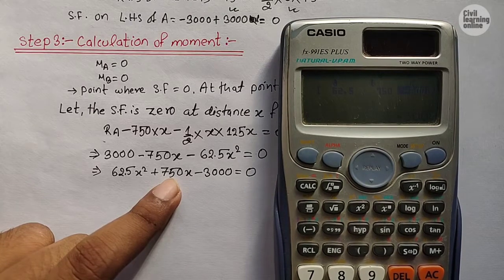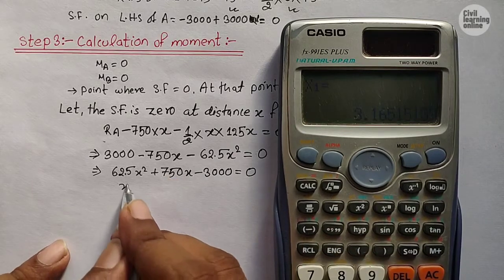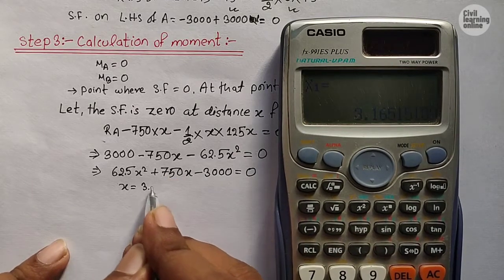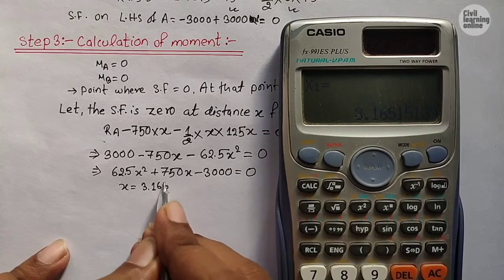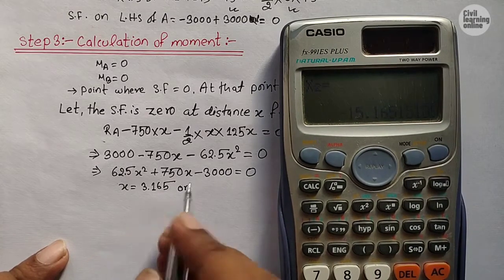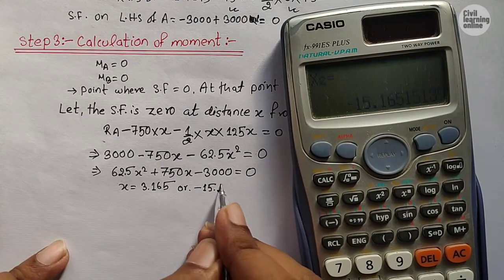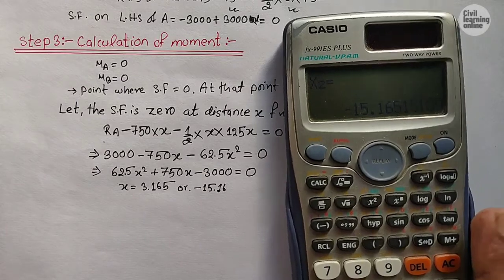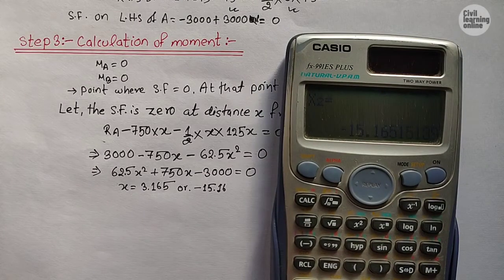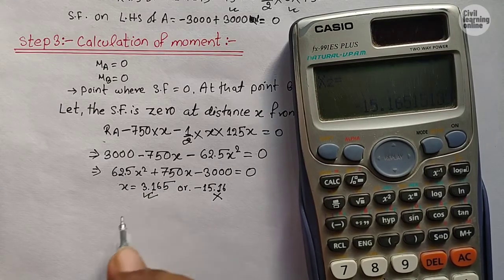Press equals again, and the value which we get is x equals 3.165, or a negative value, minus 15.16. We all know that distance cannot be negative, and here x is our distance, so this value is neglected and we will move with x equals 3.165.